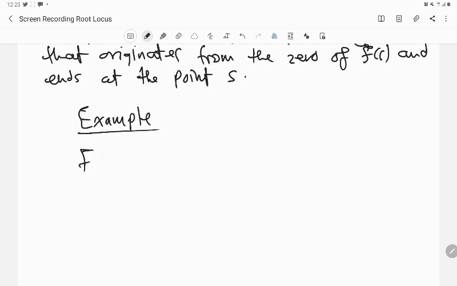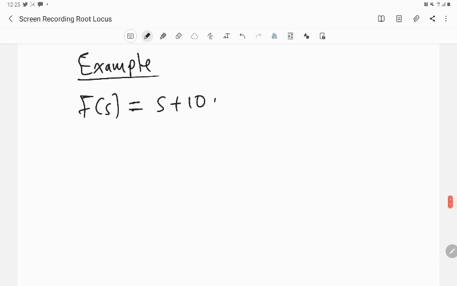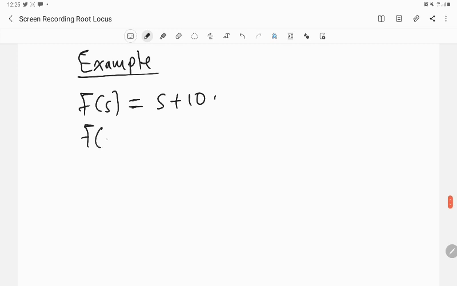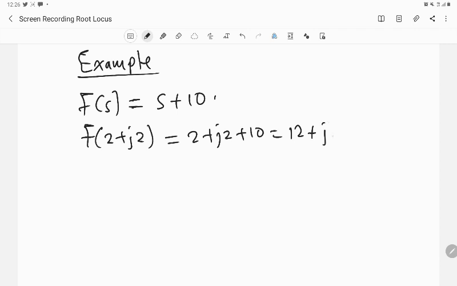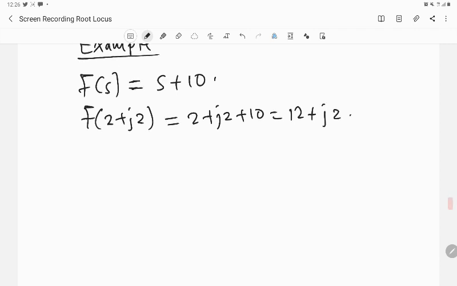So for example, if I have f of s equals s plus 10, and I evaluate this, so find f of 2 plus j omega, and omega is, let's say, 2, then this is going to give me 2 plus j2 plus 10, which is 12 plus j2.